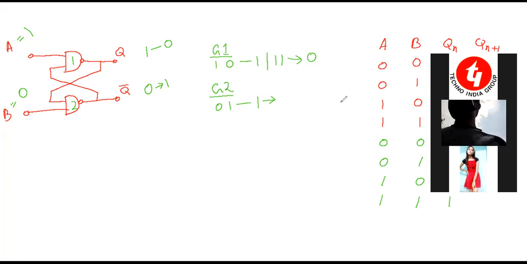No, no. Check once again. This 1 has become 0. So this 0 is coming here. So 0 0, right? So the input at gate 2 is 0 0 now.